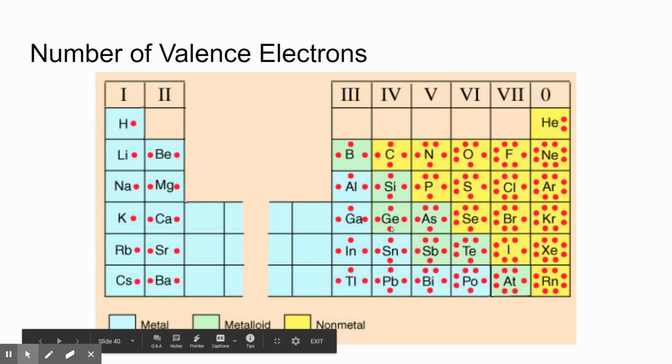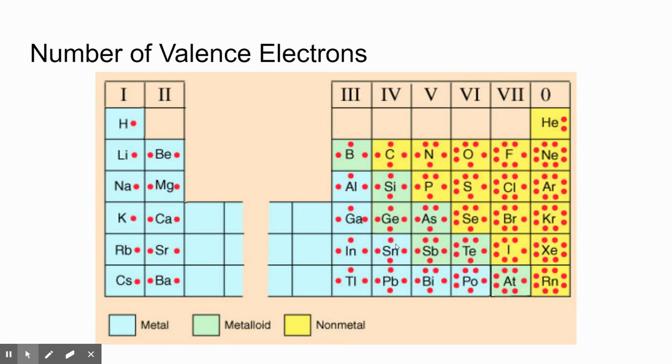Lead, tin, germanium, and silicon really like to lose 4, and they have a positive charge. Whereas carbon sometimes gains 4, but carbon actually rarely gives or takes. It mostly shares.